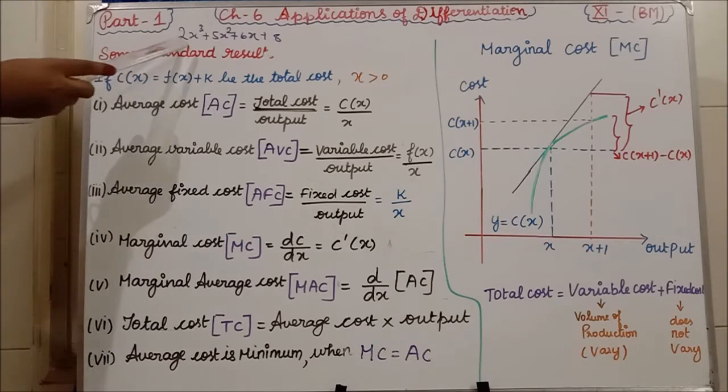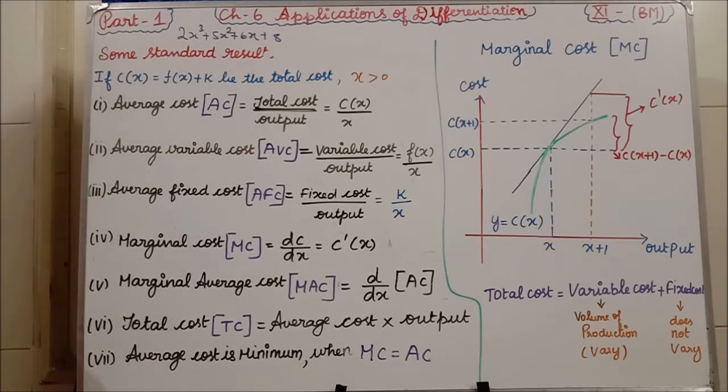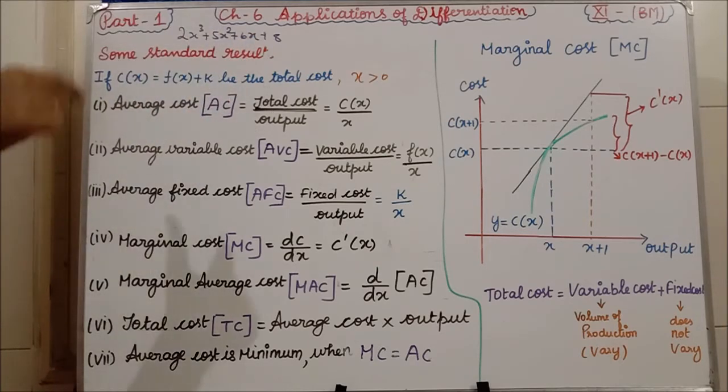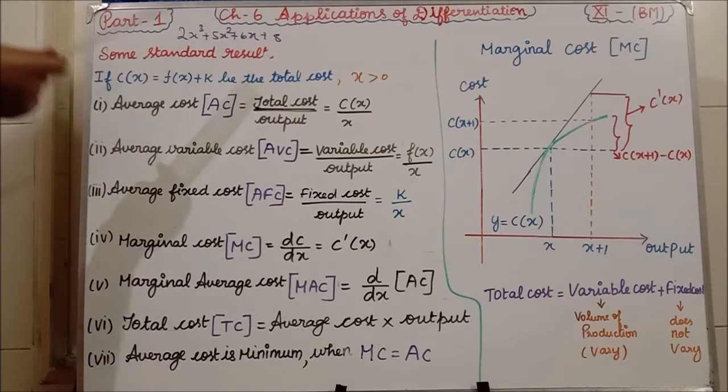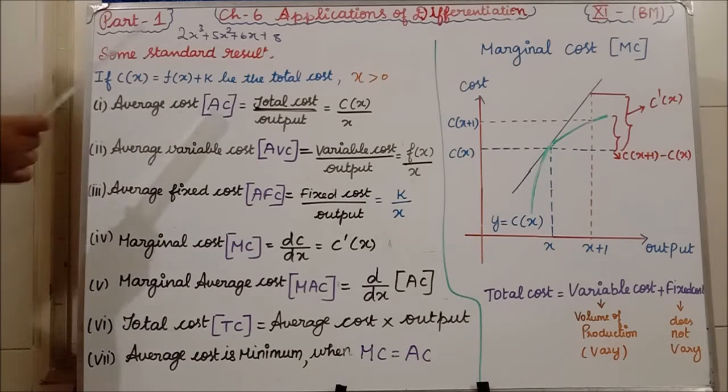Suppose 2x cube plus 5x square plus 6x plus 8 is the cost. In that, 2x cube plus 5x square plus 6x is the variable cost, whereas 8 is the fixed cost. The 8 will not vary, but up to this part it will vary. Clear?